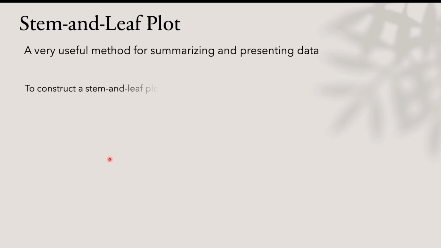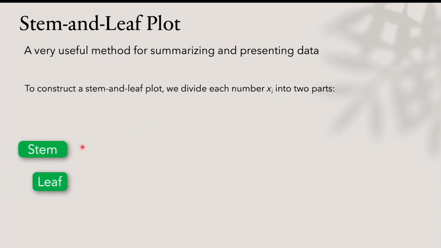To construct a stem and leaf plot, we divide each number into two parts. Very simple. We have a number and we divide it into two parts, and those parts are called stem and leaf. The first part is stem and the second part is called leaf.